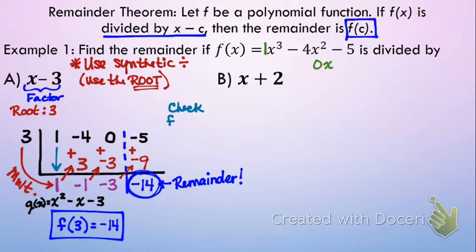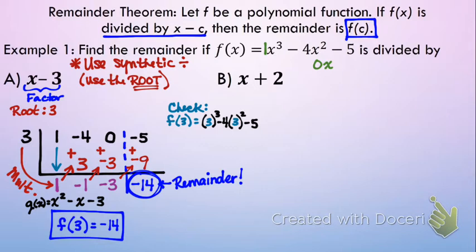If I take 3 and I substitute it into that function f of x, so I would have 3 cubed minus 4 times 3 squared minus 5.